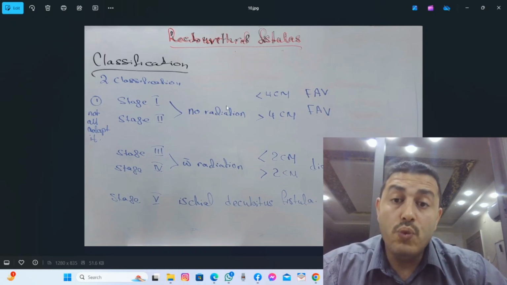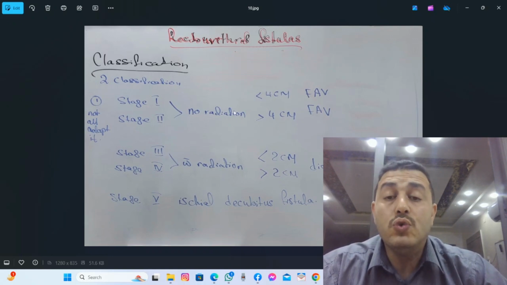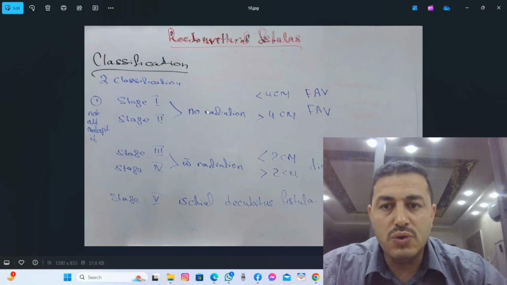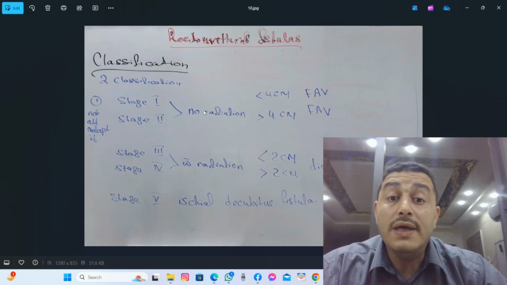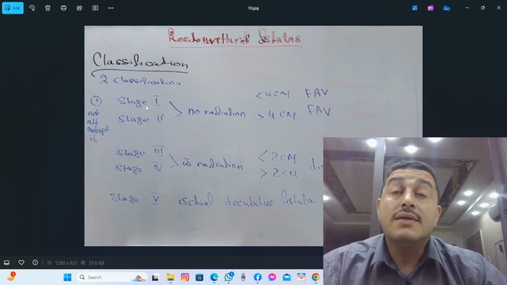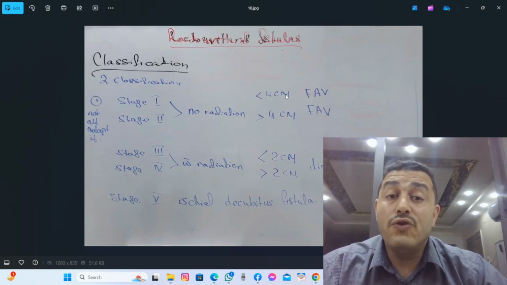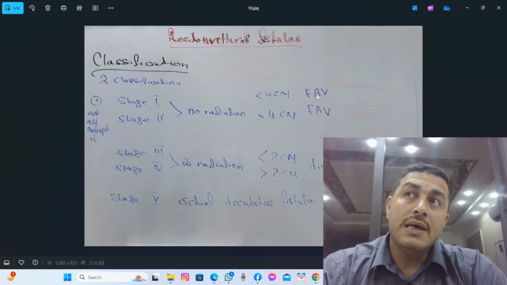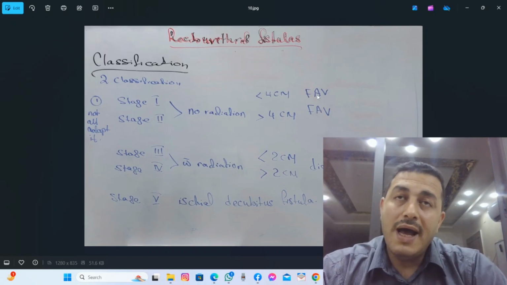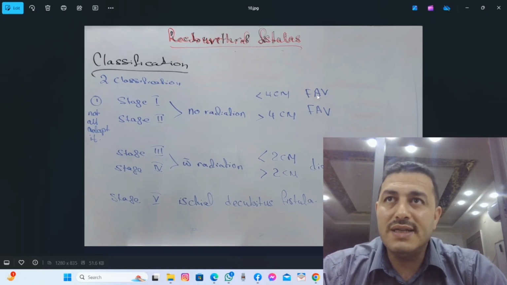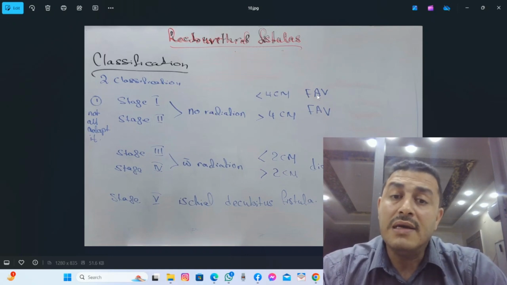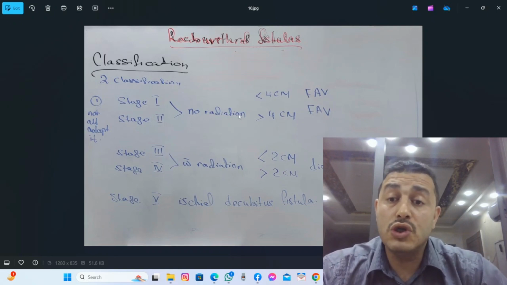The first 2 stages are for patients who did not receive radiation. Stage 1 is less than 4 centimeters from the anal verge, meaning low, at the dentate line and below. If the patient is not radiated but has a higher fistula, at the level of the dentate line and up, more than 4 centimeters, we are talking about stage 2.